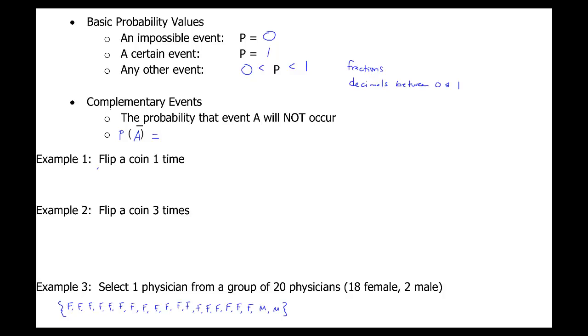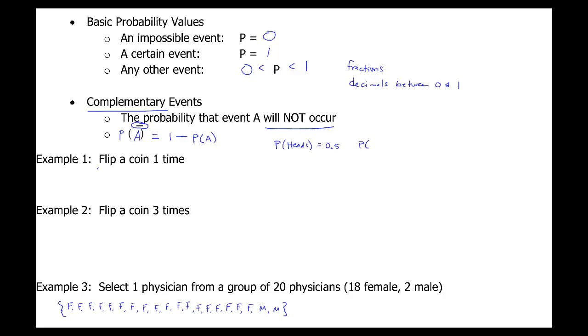One trick to keep in mind is something called a complementary event, which is the probability that the event A will not occur. And we get that, the probability of the complement of A, you can see there's a line drawn above the A, is 1 minus the probability of A. So, for example, the probability of heads, if you're flipping a coin, is 0.5.